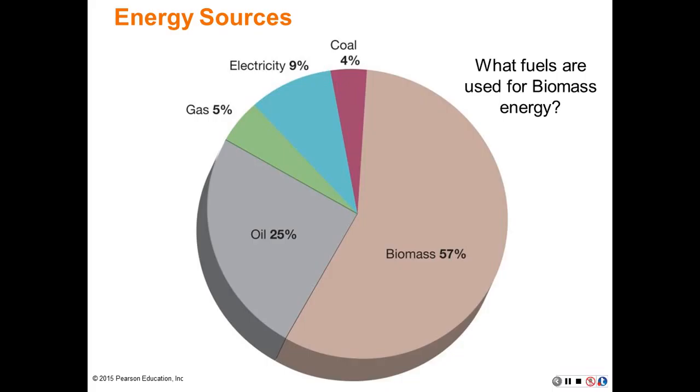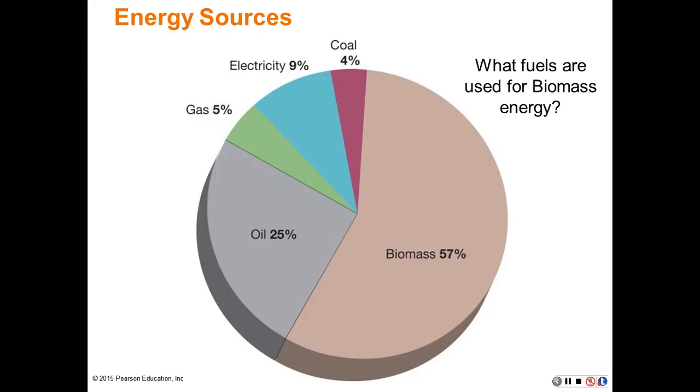Oil, which is available in some parts of the region in larger amounts, is a very important fuel source as well at 25%. Electricity in some places, especially those where hydroelectric power has been put into place on some of the steeper rapids and wider rivers, is about 1/10 of the energy source.